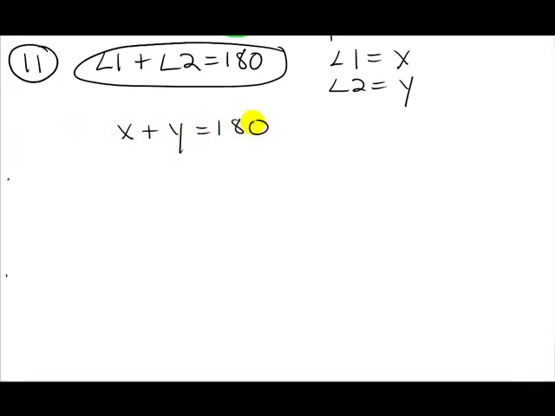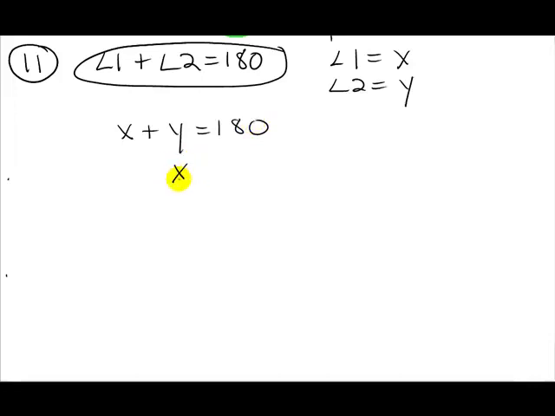That's the first translation. Then it says find the measure if the first angle is 40 degrees larger than the second angle. The first angle is x.